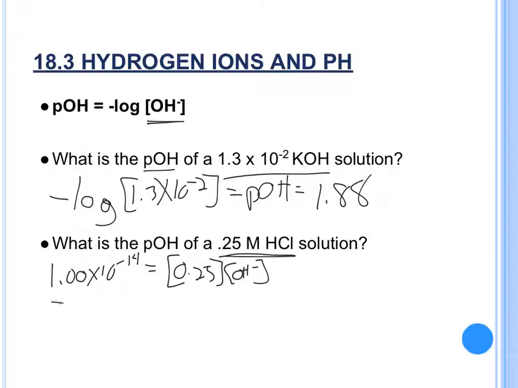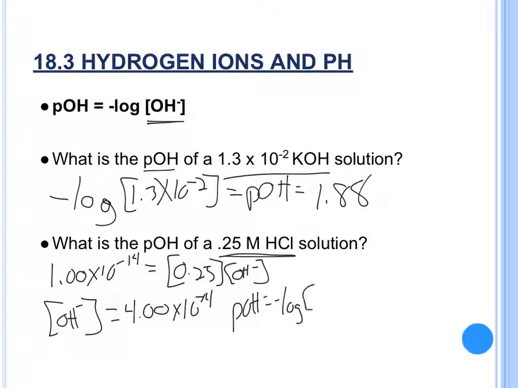When we do that out, we find that the hydroxide concentration is equal to 4.00 times 10 to the negative 14th. So the pOH is the negative log of 4 times 10 to the negative 14th, and that equals 13.4.